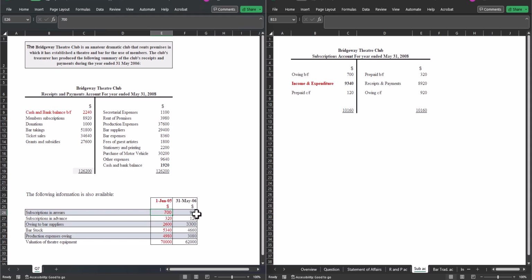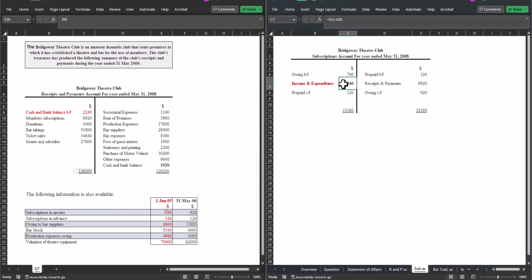So, our adjusted subscription amount for the current year would be $8,920 plus $320 minus $120 minus $700 plus $920, which is equal to $9,340.